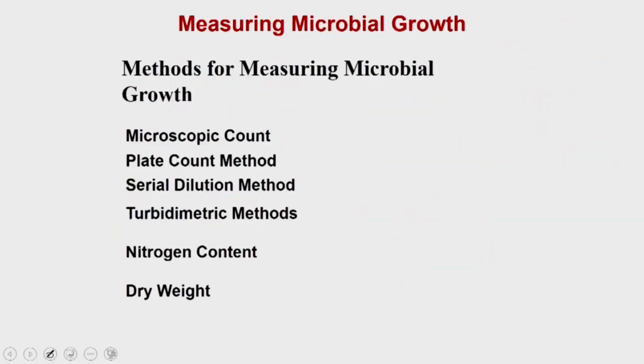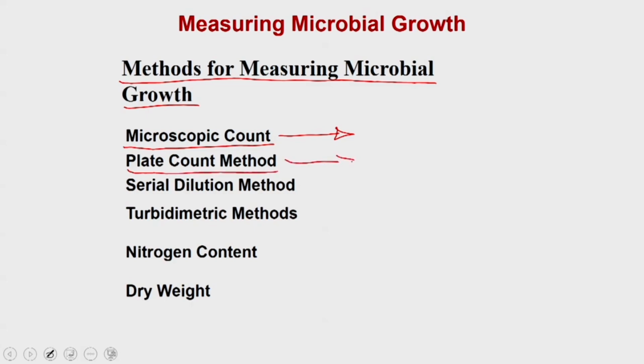So, you have different methods for measuring microbial growth. What are these methods? You have the microscopic methods, where you can use a microscope and a microscopic chamber to count the number of bacteria in a particular area. Then you have the plate counting method.